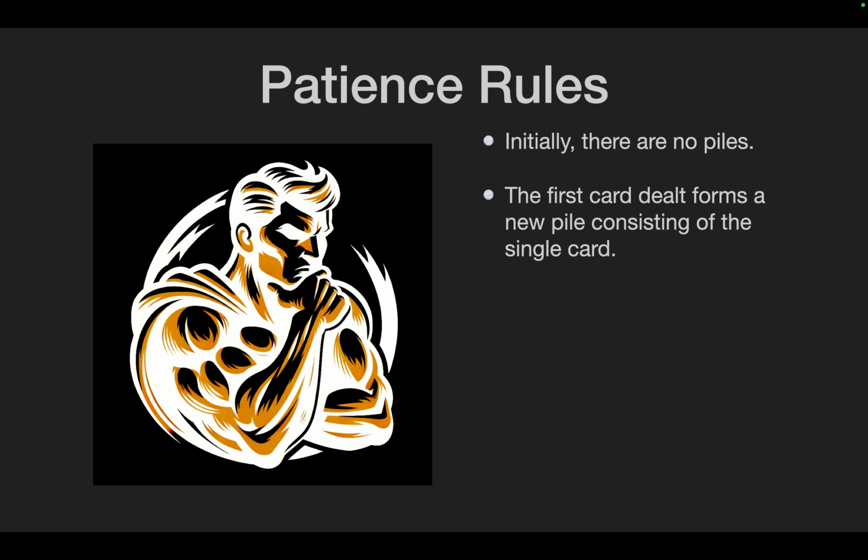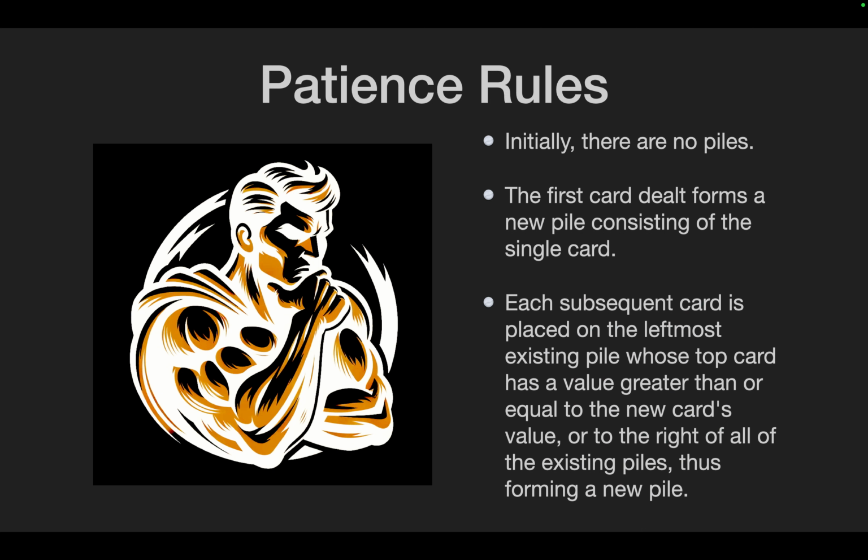The first card dealt forms a new pile consisting of the single card. From then on, every subsequent card dealt is placed on the leftmost existing pile whose top card has a value greater than or equal to the new card's value, or to the right of all the existing piles, forming a new pile.